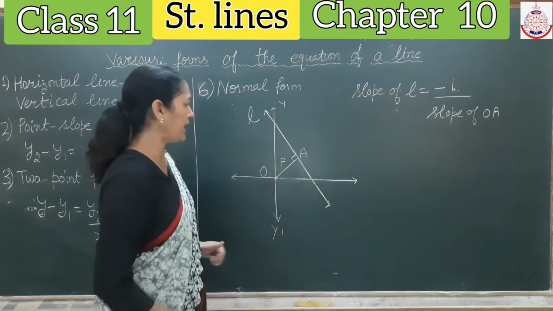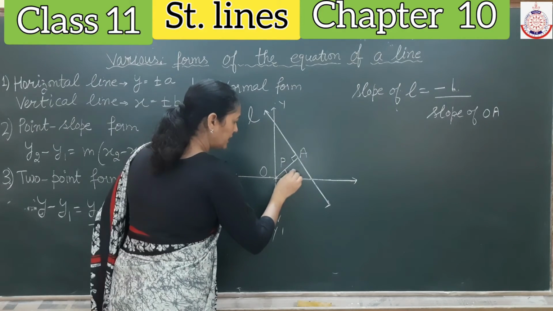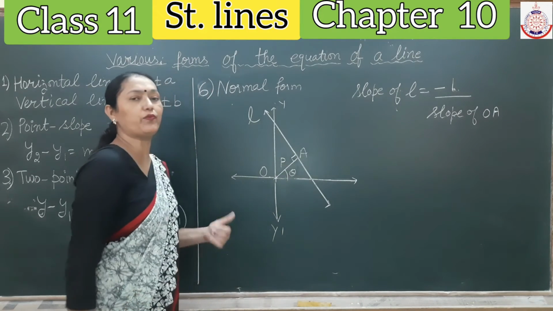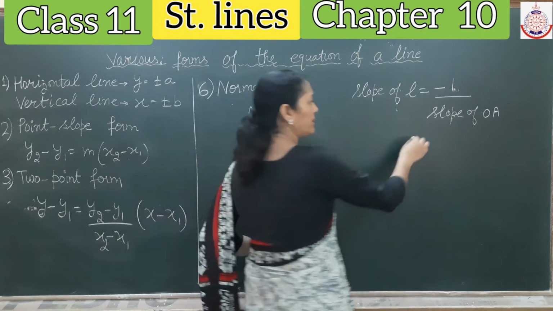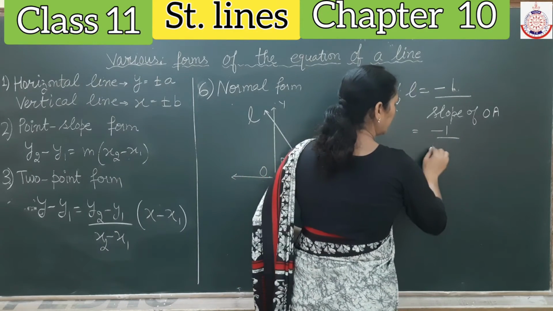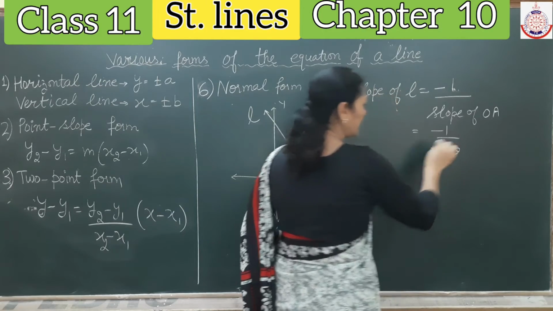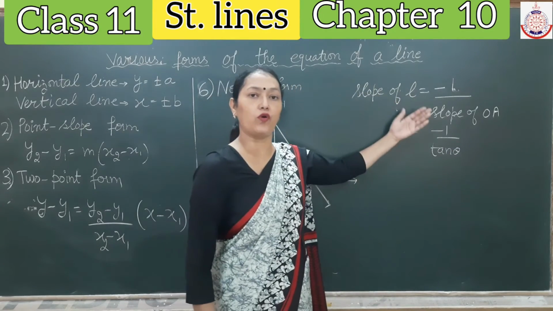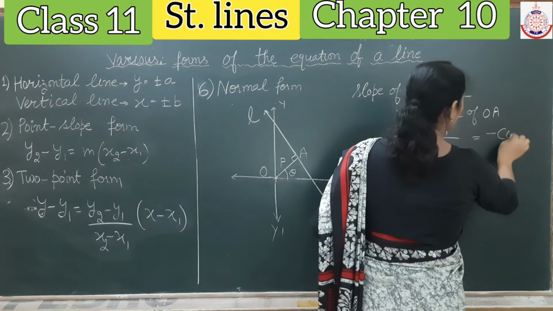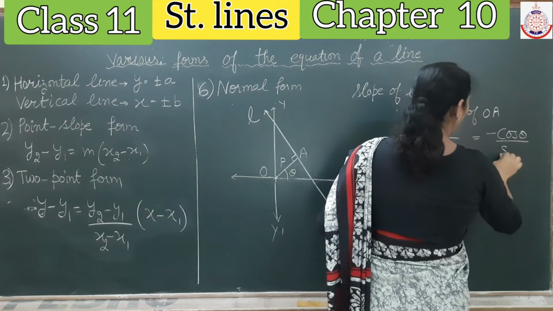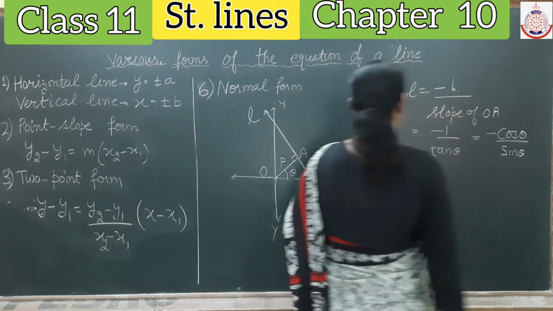Suppose this line OA is making an angle of inclination theta with the positive x-axis. So the slope will be tan theta. Tan theta means sine upon cos, so we'll be getting minus cos theta upon sin theta.